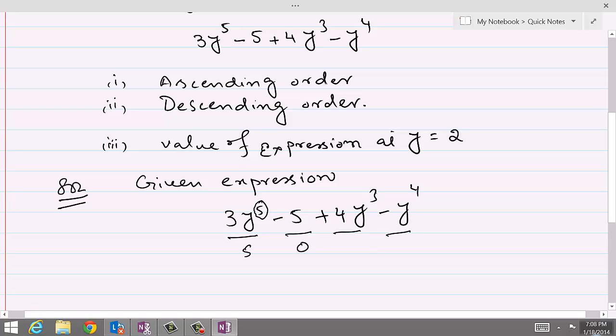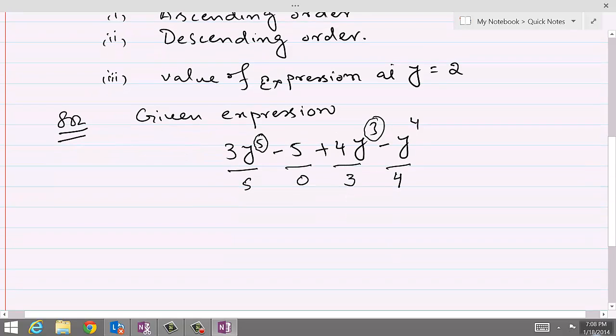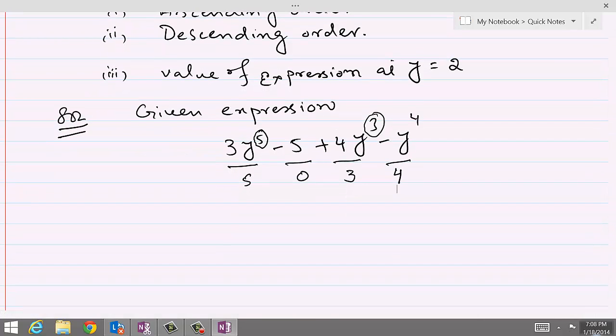4y cube, what is the exponent of the variable? 3. So the degree of this term is 3. And the last term has a degree of 4. If we want to rearrange this, then 0 will come first.